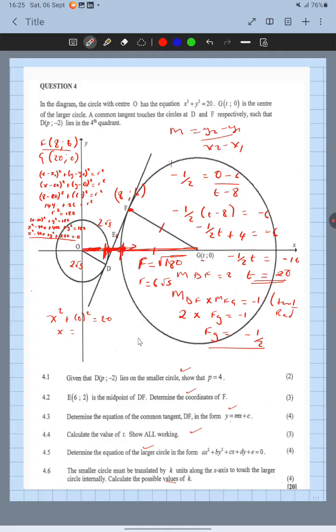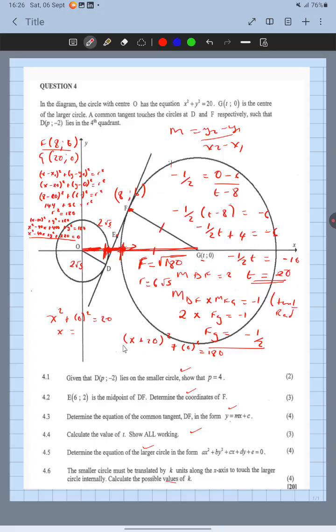What about this other equation? We know that x minus 20 squared is equal to 180 plus y squared, where y is 0, because we're trying to find that. This is the bigger one.